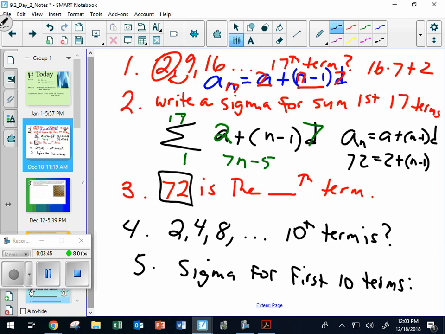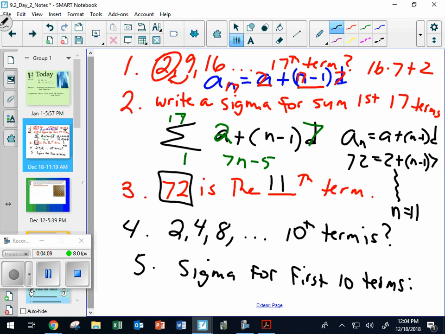And the difference was 7. And then save me some time on that one. If you multiply it all out and solve for n, you get... what'd you get? N equals 4? N equals 11. Raise your hand if you had 11 on that one. That's almost everybody. Nice work. Okay. It's the 11th term.